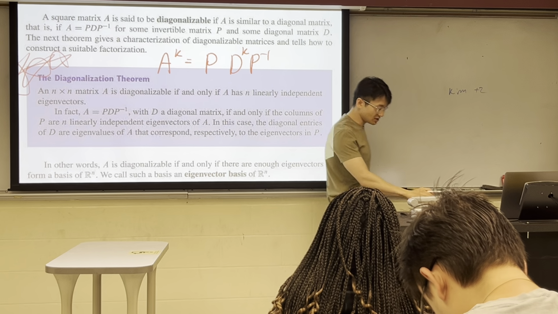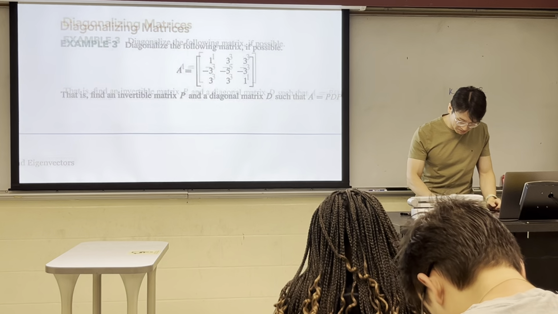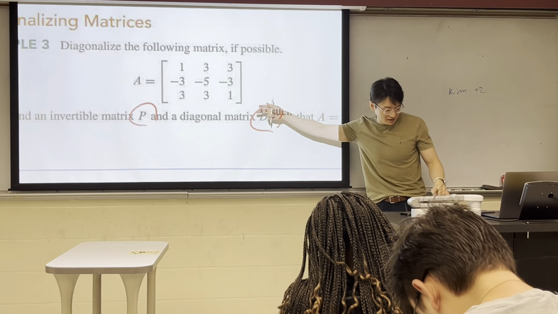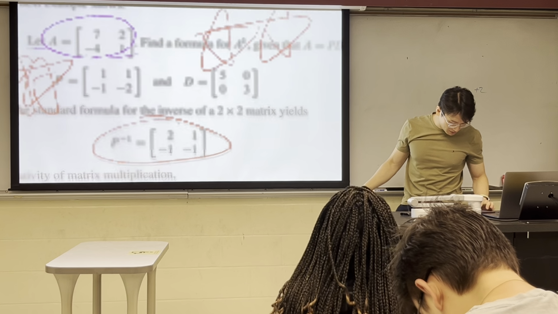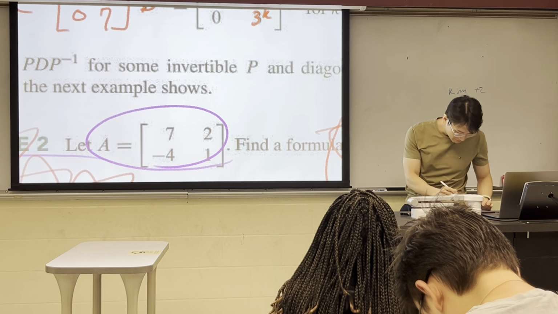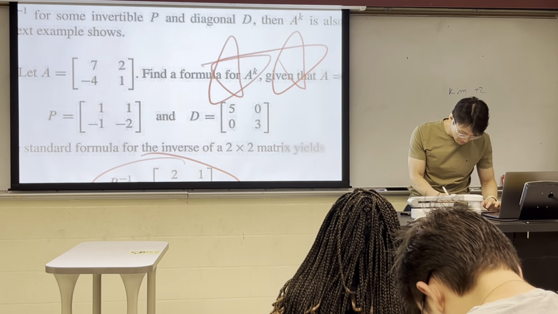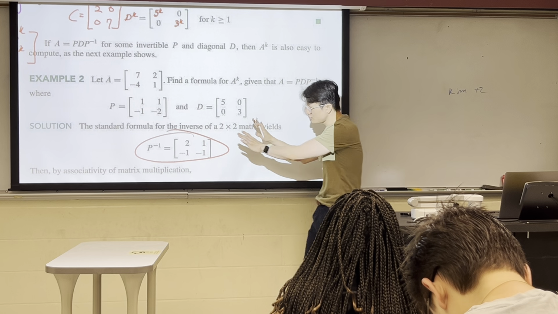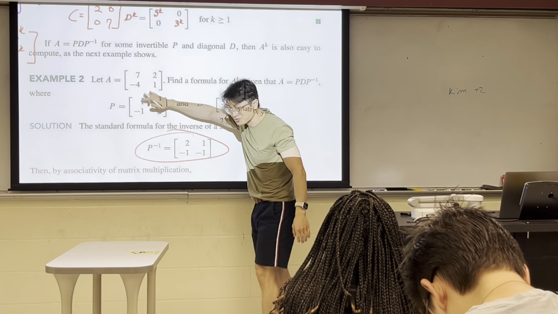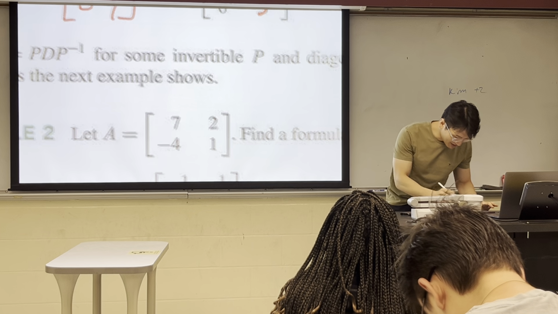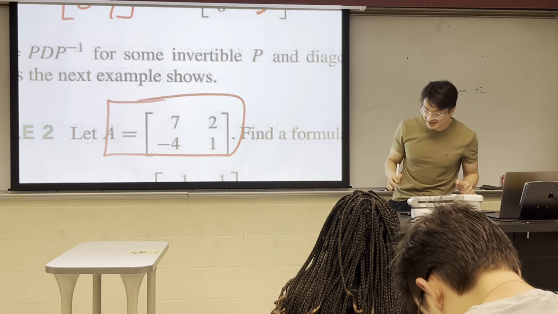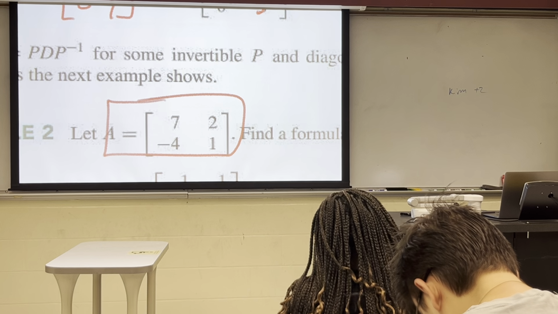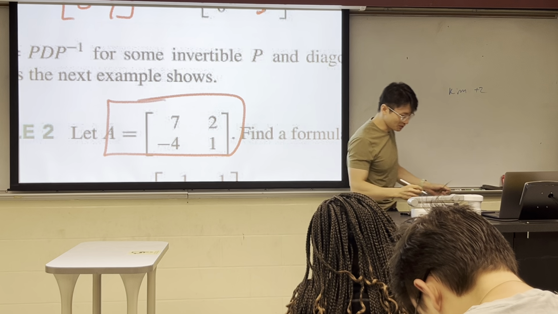So let's practice. Instead of finding P and D for this 3 by 3, which is kind of confusing, let's start with the 2 by 2 that we already know. For the example that we did, I gave you P and D at the beginning, so just forget about that for this one. Let's say I give you A. Now let's find eigenvalues. How do you do this? Any idea for those who don't know yet?